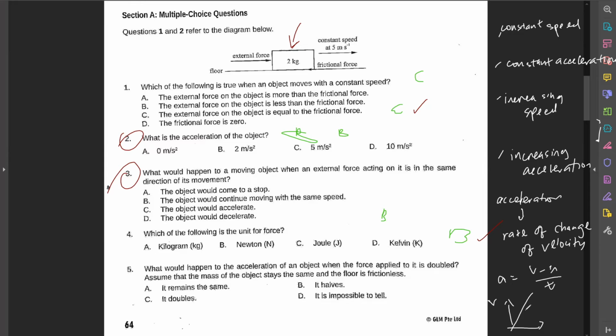Then for increasing acceleration, if it's increasing acceleration, then the graph will look like that. Wait, this is decreasing acceleration.